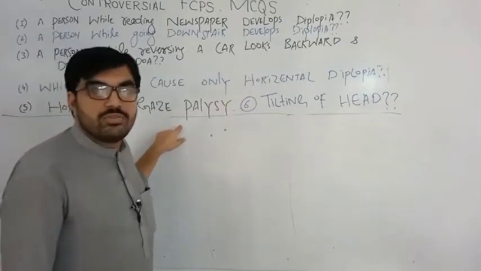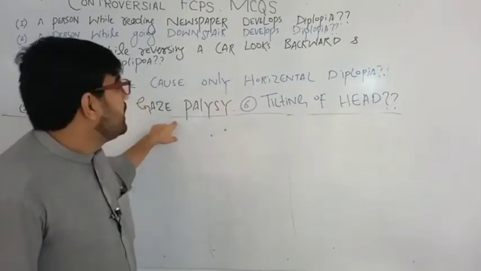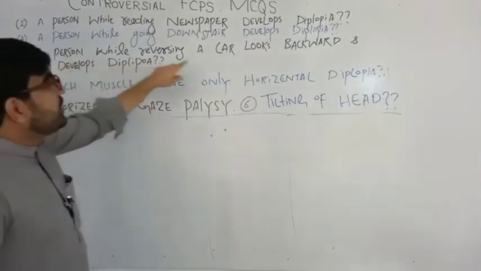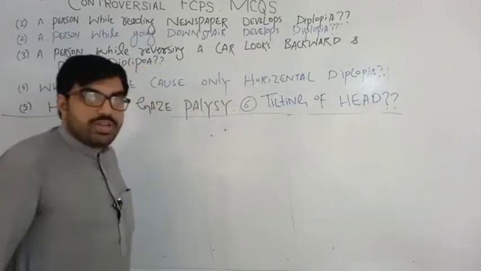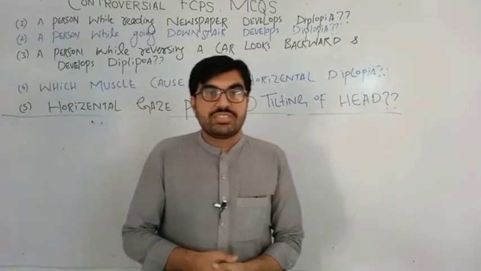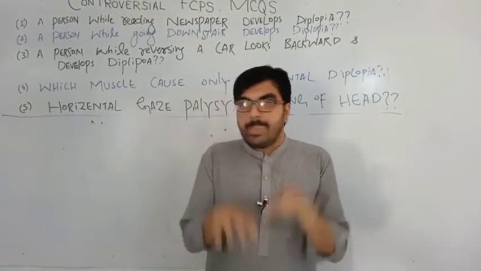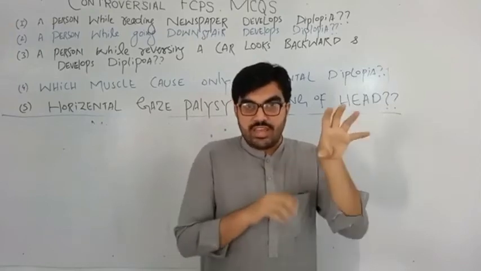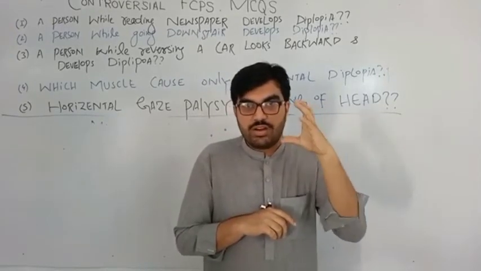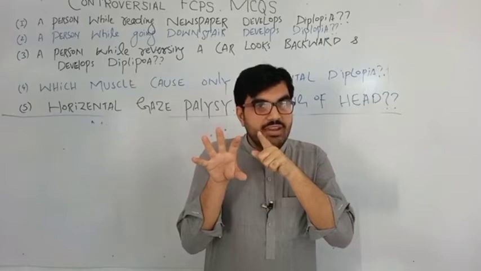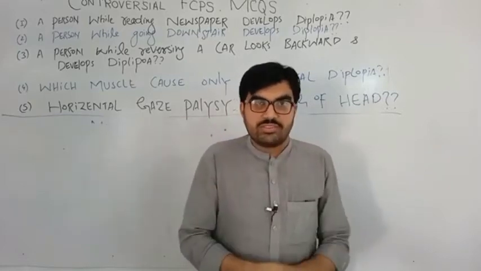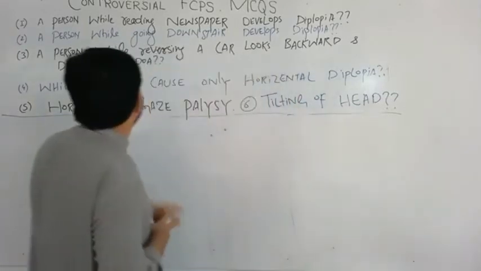That is cranial nerve 6, the abducens nerve. A person while reversing a car looks backward and develops diplopia. That is the 6th cranial nerve. Because when a person reverses the car, he looks backward. This eye can move medially because this is caused by the 3rd nerve. But this eye cannot look laterally. The 6th nerve is paralyzed, so he develops diplopia.